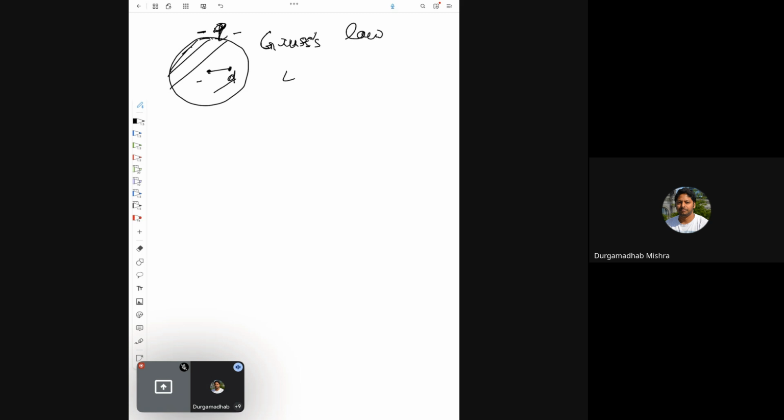In that case, this electric field will be given by 1 by 4 pi epsilon naught, q d by a cubed, where a is the radius of the sphere. So at equilibrium, the electric field produced due to the electron cloud, or the spherical charge, will be equal to the external electric field.